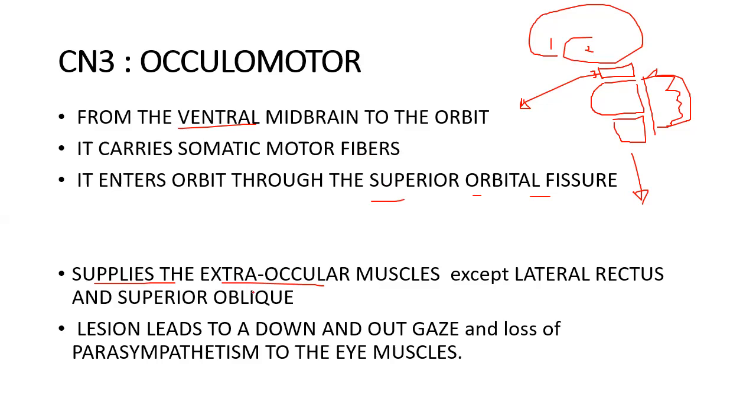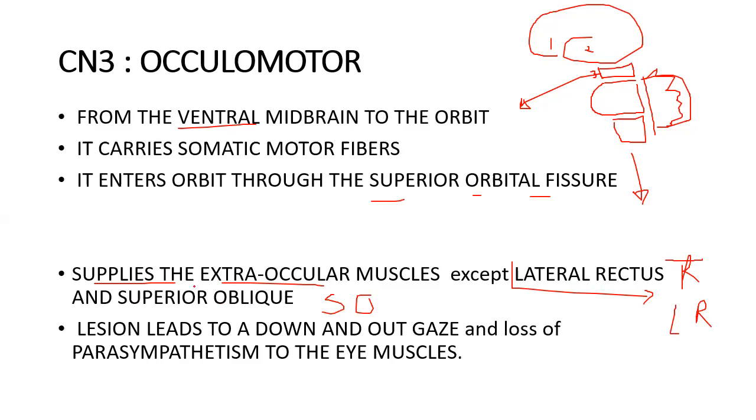It supplies the extraocular muscles, except two muscles: the lateral rectus and the superior oblique. So for now, just remember, it doesn't supply a muscle that is an L and R: it doesn't supply the lateral rectus, and also not the superior oblique. So in SO, it doesn't supply SO, it doesn't supply LR.